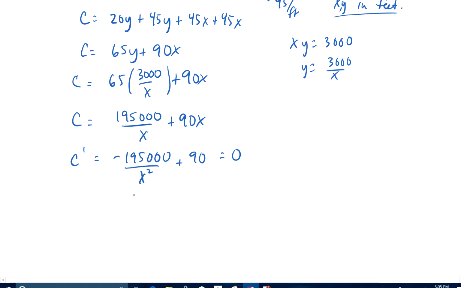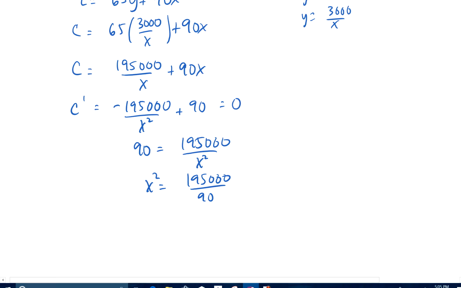So x squared equals 195,000 over 90, which is not a very nice number. I'll leave it like that. And I get x would be plus or minus, but I only want the positive root of 195,000 over 90.